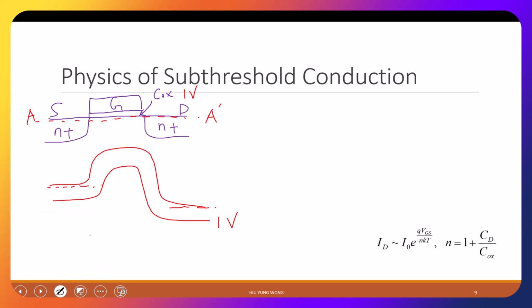I say that at the Fermi level, I have about half of the probability, and above the Fermi level, the chance of finding an electron gets exponentially smaller.